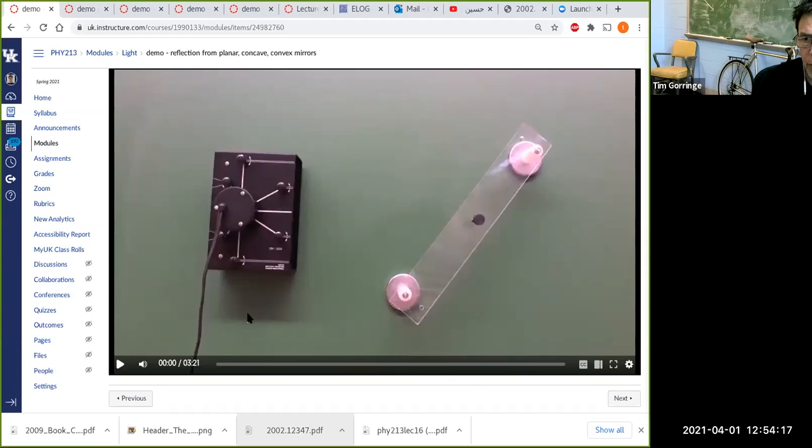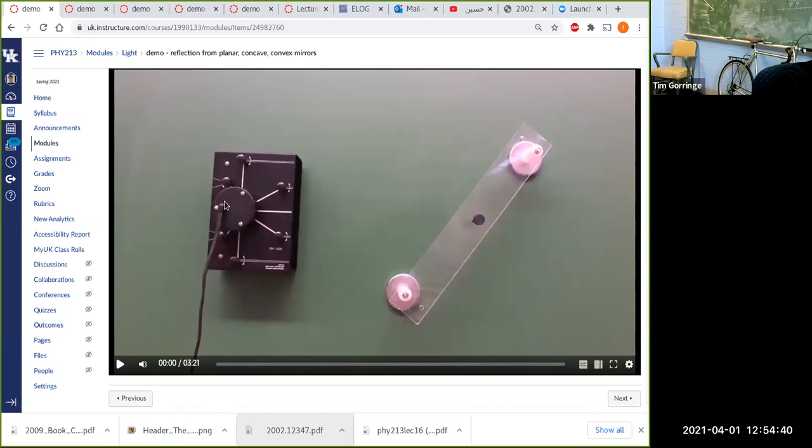I'm actually going to show you both a planar mirror and a convex mirror. But then when I actually give the demonstration of the image formation or the reflection of the mirror, we're going to just focus on the planar mirror. And then we'll return to convex and concave mirrors in this demonstration a little bit later.